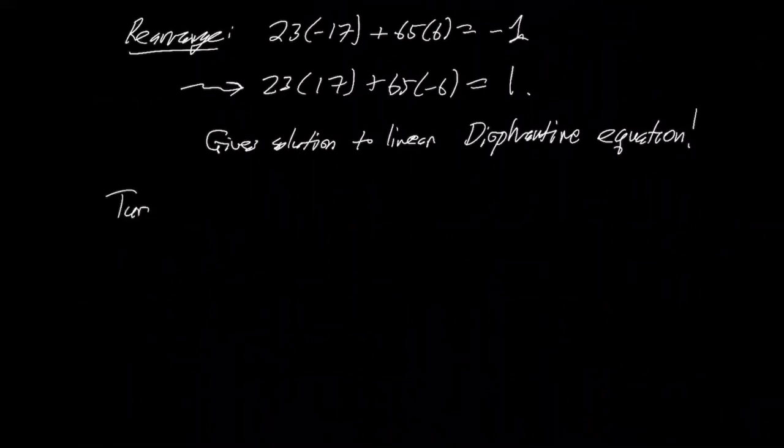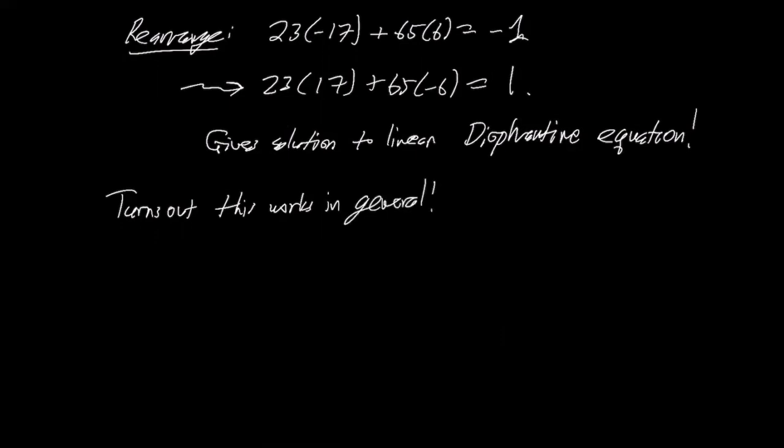Something we should justify. This works in general. We can always use the next to last. So if we're trying to solve ax plus by equals 1, let's just assume a and b are relatively prime, you can always look at the next to last convergent.